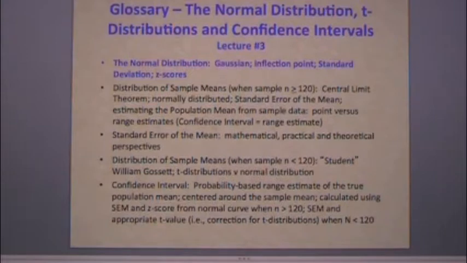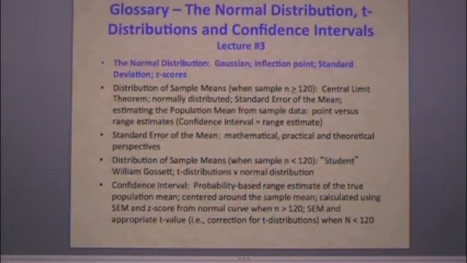Standard deviation is equal to the standard error of the mean. But the reality is that's only true in the la-la land of the hypothetical perfect normal curve and the hypothetical distribution of sample means. Nobody actually does the process of calculating multiple means from the population and creating a distribution of sample means.